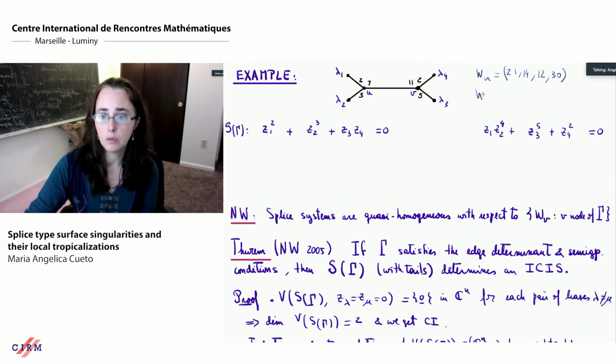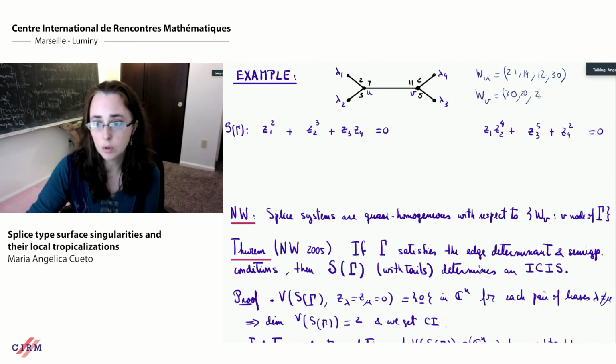And similarly for the other weight, we're going to have 30 coming from 2 times 3 times 3. The second linking number gives me 2 times 5 times 2, so that's 20. And then for V and lambda 3, I get 11 times 2, which is 22.